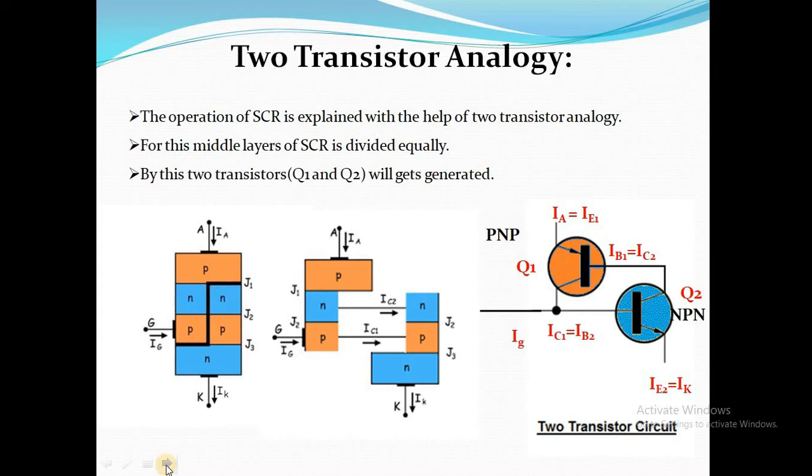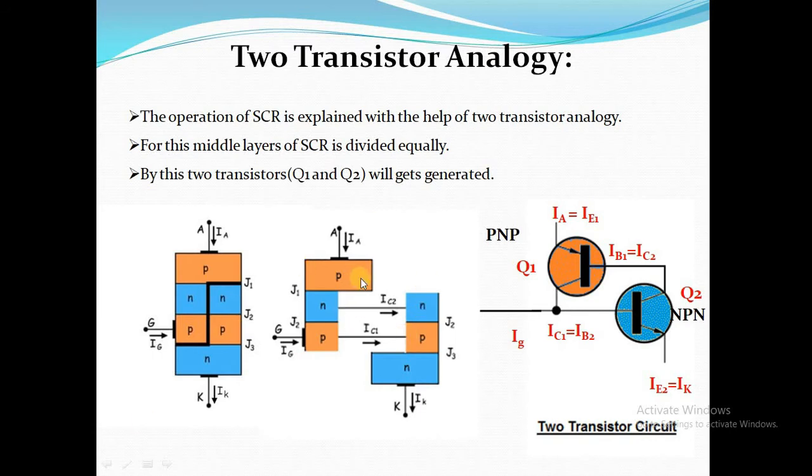Constructionally, we can observe that the SCR has four layers. The middle two layers, the middle N and middle P, are divided equally, and then we get two transistors, PNP and NPN. The outer P layer is taken as it is, the outer N layer is also taken as it is, and the middle layers are divided equally.